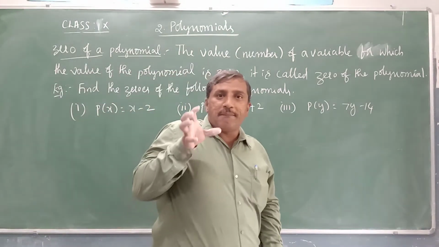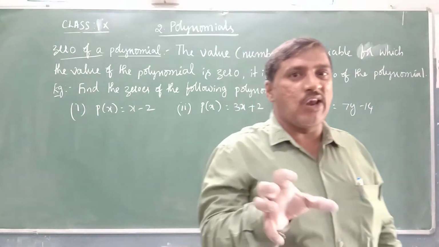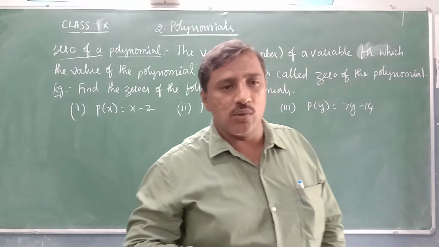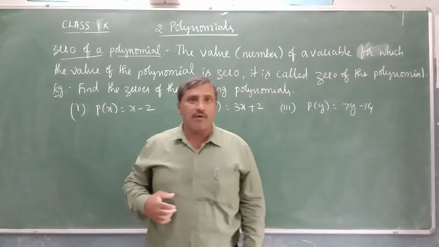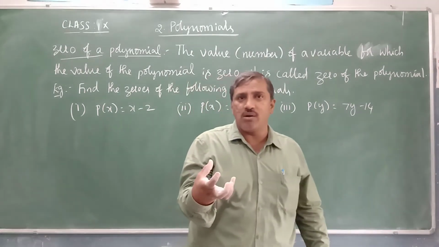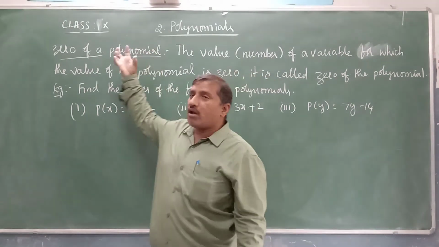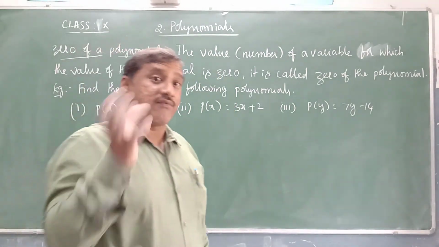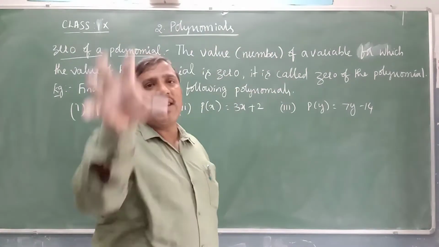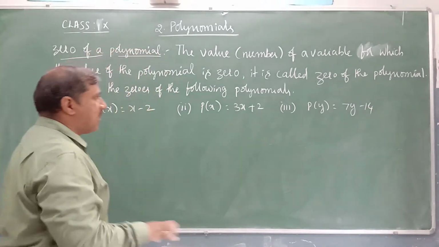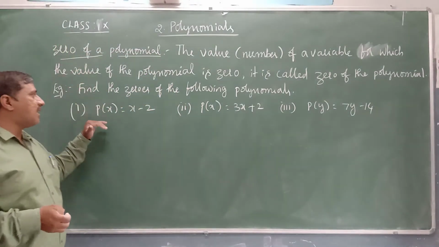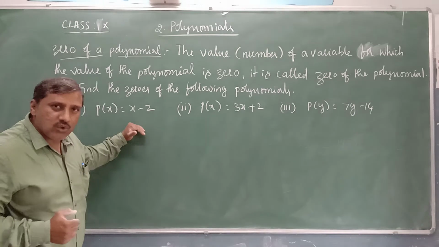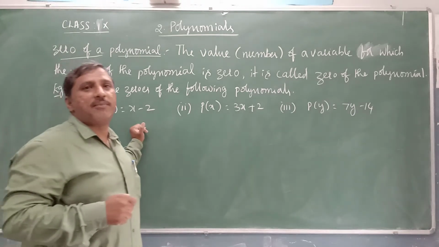It is by equating the given polynomial to 0. Why are we equating to 0? The zero of a polynomial is the value of the variable for which the total value of the polynomial is 0. That's why we equate the polynomial to 0 to find the zero of a polynomial.